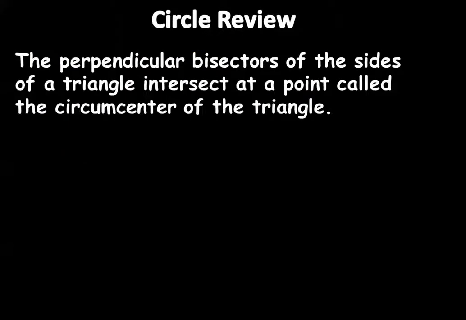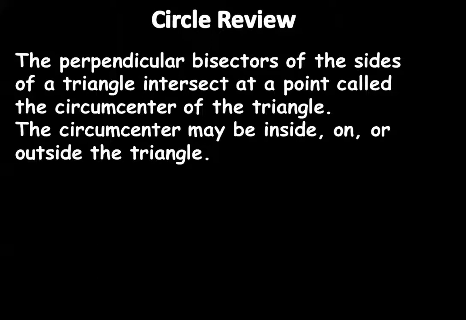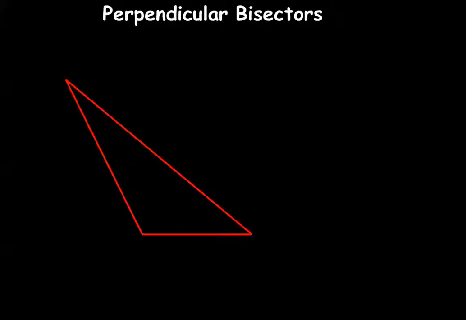The perpendicular bisectors of the sides of a triangle intersect at a point called the circumcenter of a triangle. The circumcenter may be inside, on, or outside the triangle. Now here we've got a triangle, and we're going to create the perpendicular bisectors.